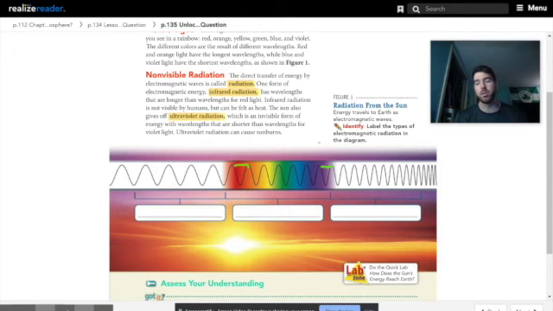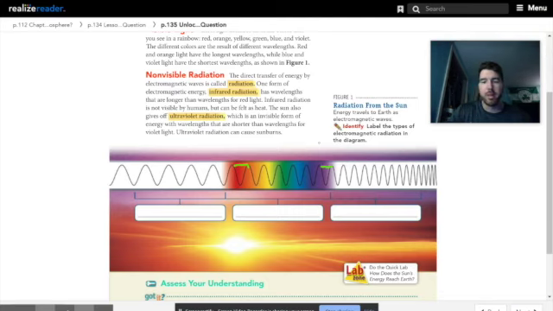So these are a little bit more powerful than violet light, these have a shorter wavelength. They're a little bit higher energy than the energy of violet light, so we cannot see it. And just like infrared radiation, it cannot be seen, but it can be felt. And ultraviolet radiation is the radiation that causes us sunburns. So that's why most of us have to lather up on sunscreen when we go to the beach in the summer. So let's take a look at this diagram below.